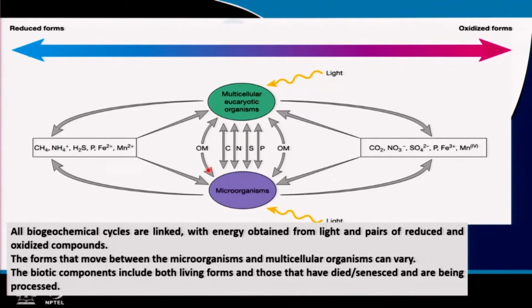As we can see, oxidation will provide the electrons and energy also for chemolithotrophic organisms, for example. The forms that move between microorganisms and multicellular or macroorganisms can vary. The biotic components include both living forms and those that have died or senesced and are being continuously processed within the system.